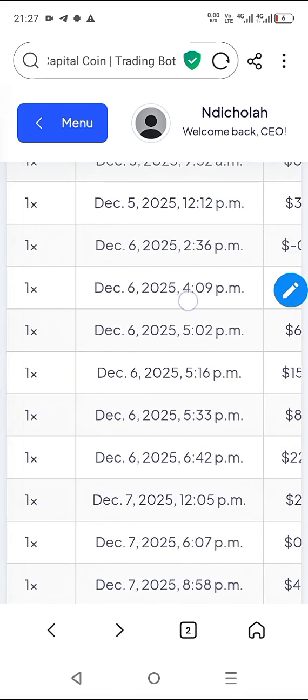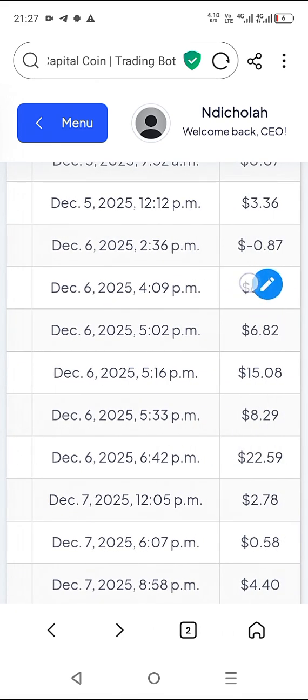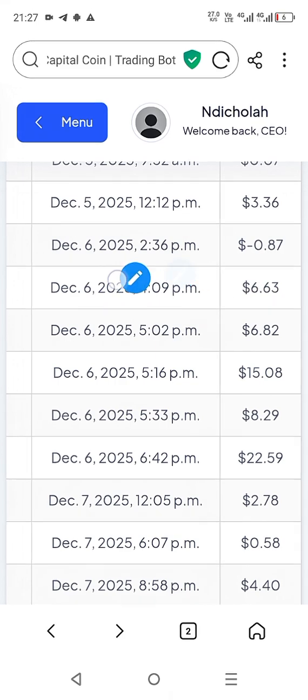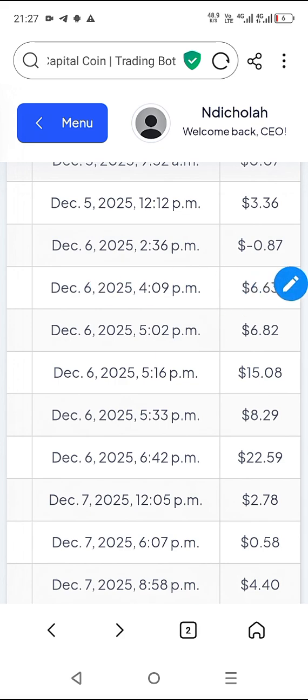The moment you see that the negative floating loss here is around minus 7% of the initial amount you used to initiate this particular USTC trade, which means if you used $100 to initiate it, based on the fact that you divided your $500 trading capital into 5, it means the moment you see that the negative floating loss on this USTC coin is minus $7 and above, let me say minus $7, minus $8, minus $9.